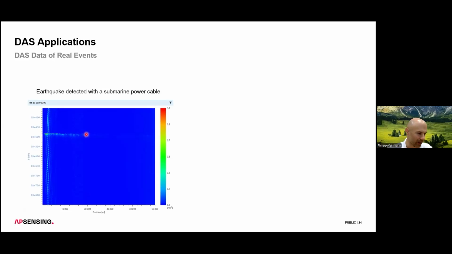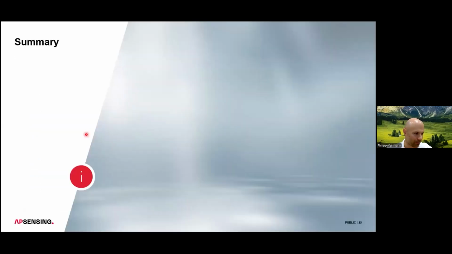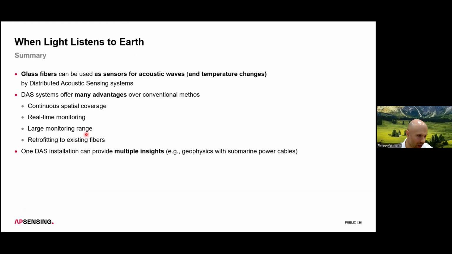Okay, with this, I'm at the end of my presentation. I hope the presentation was interesting for you. I tried to show you that glass fibers can be used as sensors for acoustic waves and temperature changes. DAS systems offer many advantages over conventional methods.